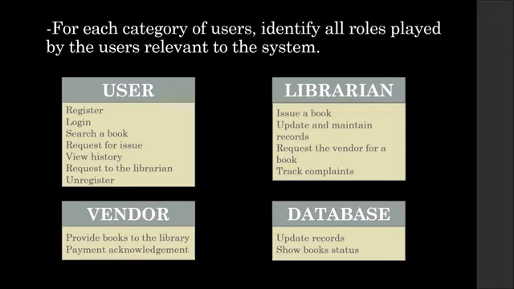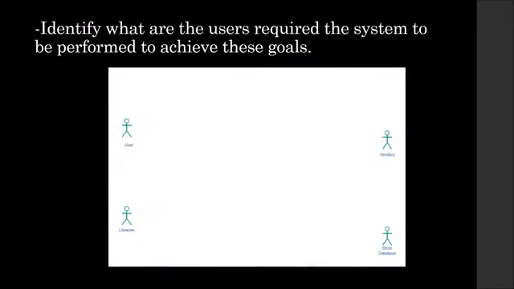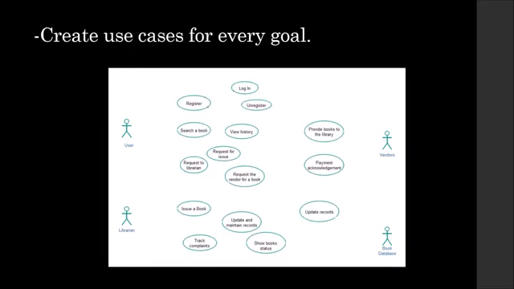Now, next, we will be identifying what the users require the system to perform to achieve these goals. So, of course, the goal is to manage the library system, right? Now, since we have already plotted everything, we're going now to create use cases for every goal or for every role that we have assigned to each actor, okay?